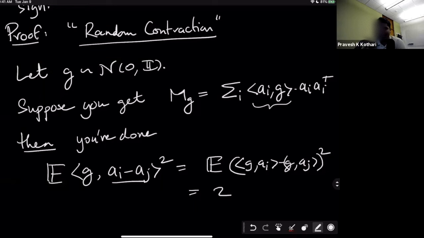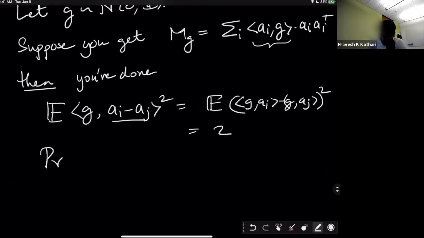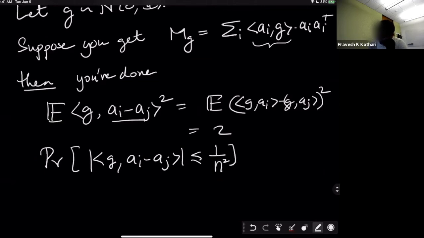Okay. So the probability that any of the pair has, let's maybe discuss this. Probability that g·(a_i minus a_j) is smaller than, let's say, 1 over dimension square. What's the probability of this event?